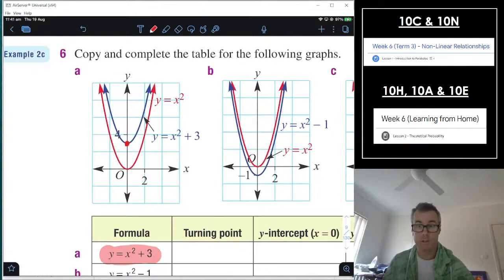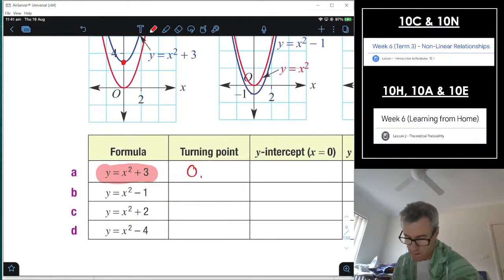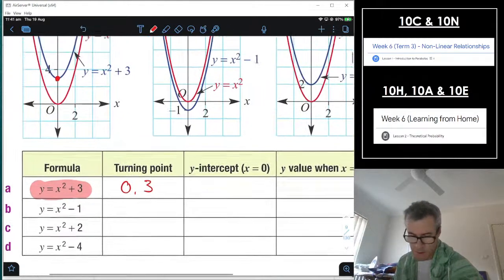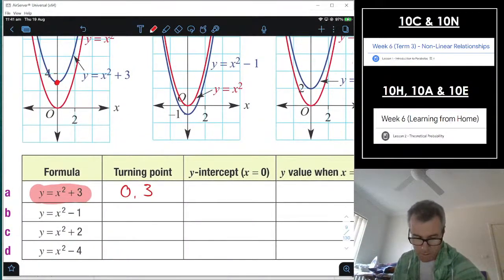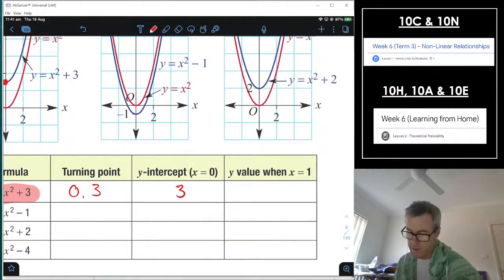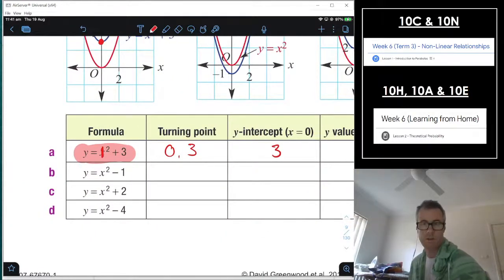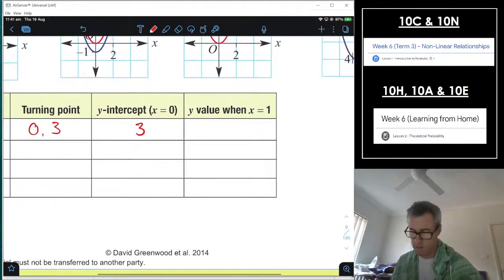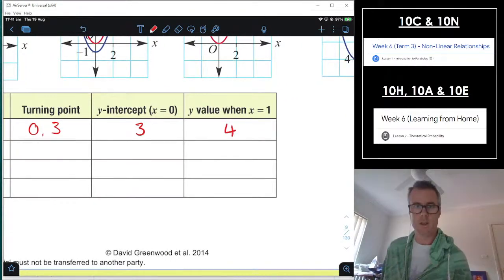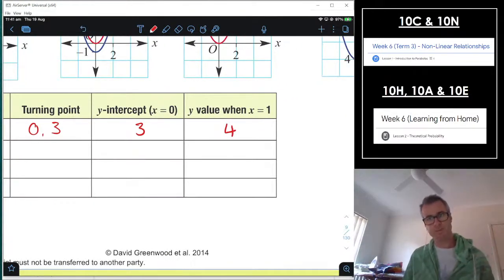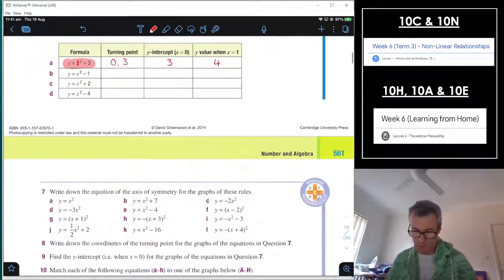We're 0 on our x-axis and 3 on our y-axis. Our y-intercept is that same point there, 3. And what is the y value when x is equal to 1? Let's substitute that with a 1. 1 squared is 1, 1 plus 3 is 4. Hopefully that helps and gives you a bit of a head start.